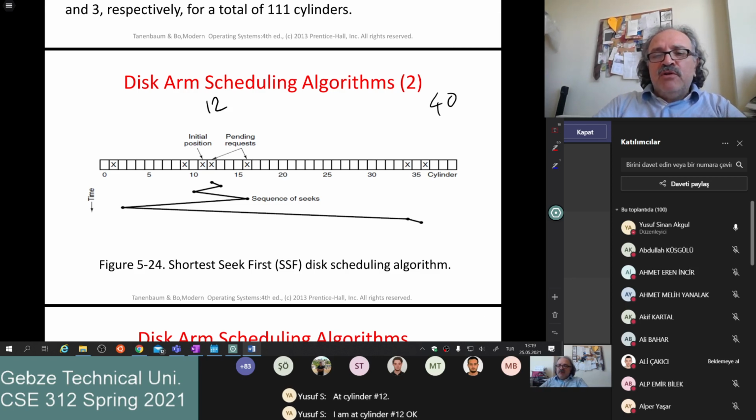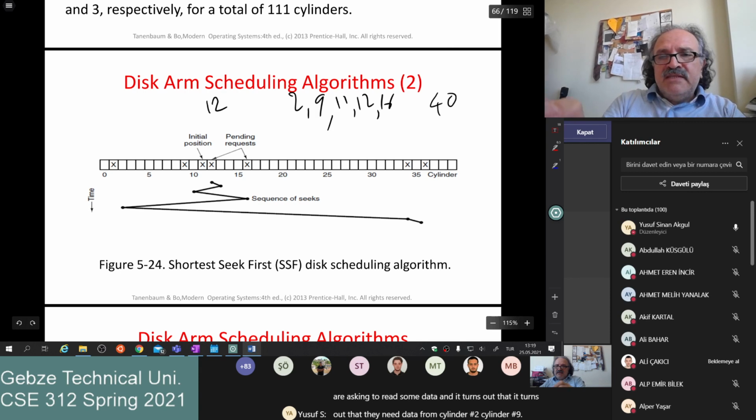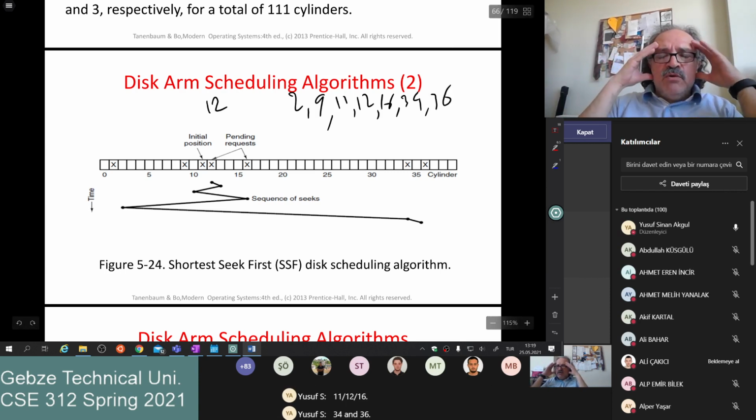The operating system, my users, are asking to read some data, and it turns out that they need data from cylinder number 2, cylinder number 9, 11, 12, 16, 34, and 36. So what would be your algorithm to make this schedule?